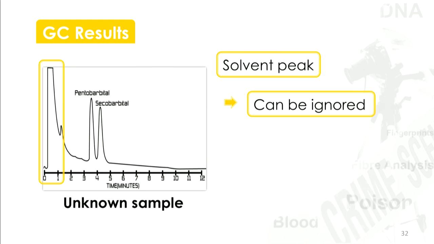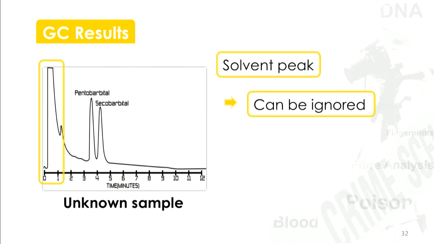Now, the sophistication of GC gives it yet another advantage over TLC, and that is GC is quantifiable. With TLC, when you see a spot, you cannot say much about the quantity present from that spot.